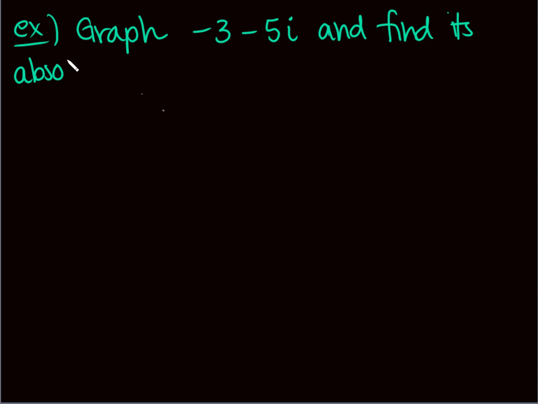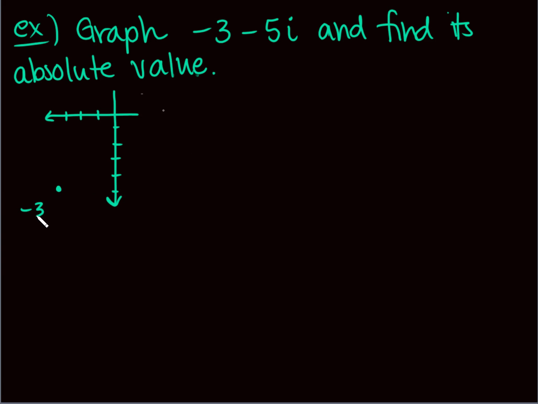This isn't going to be too bad if I know how to spell, which I usually don't. I know this guy's in the third quadrant, because it has a negative real part and a negative imaginary part. 1, 2, 3, 4, 5. So this number is right about here. There's my number, -3 minus 5i.